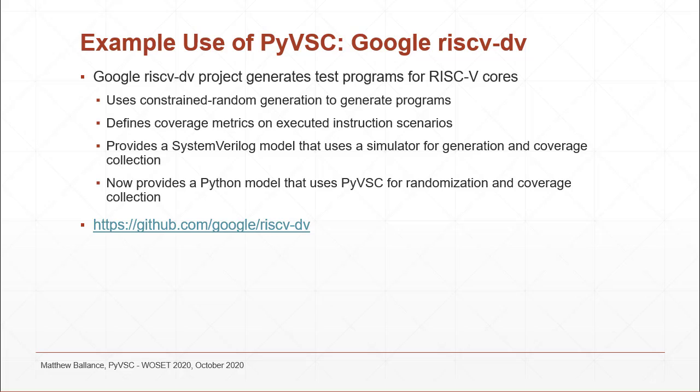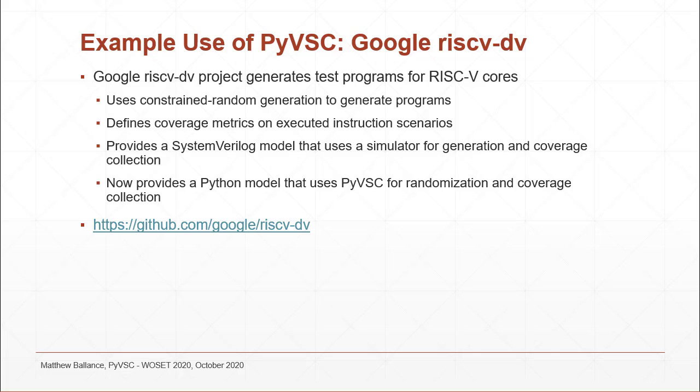The package defines coverage metrics to collect about the instructions and machine state based on execution of those tests. This package provides, and has provided for quite some time, a SystemVerilog constraint and functional coverage-based description for generating these programs and capturing the functional coverage.